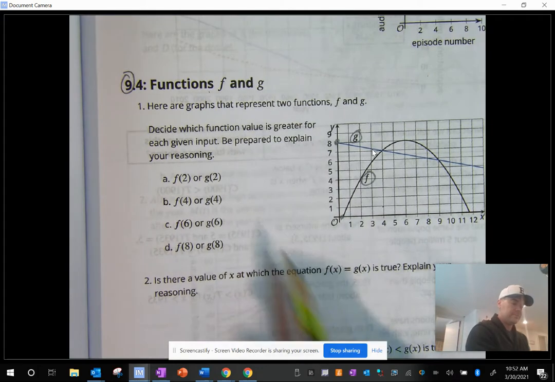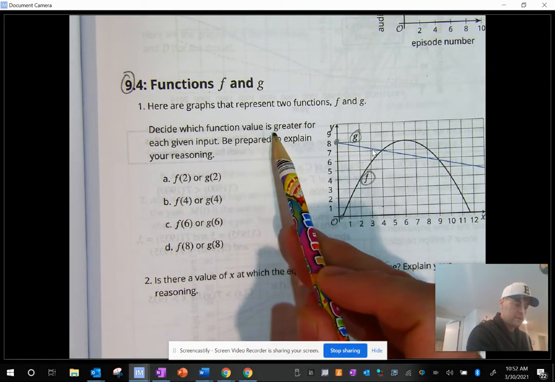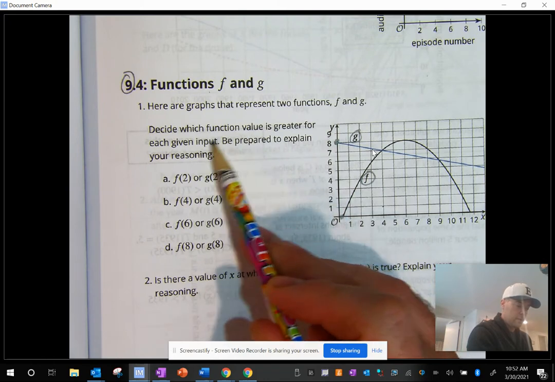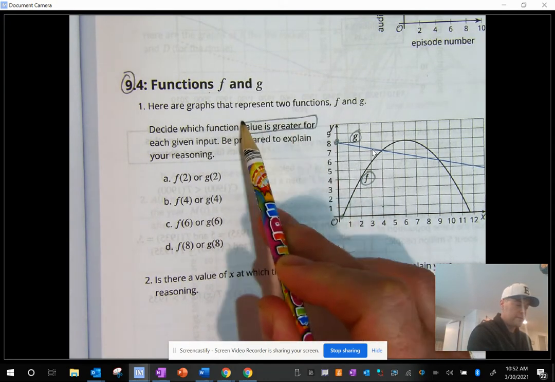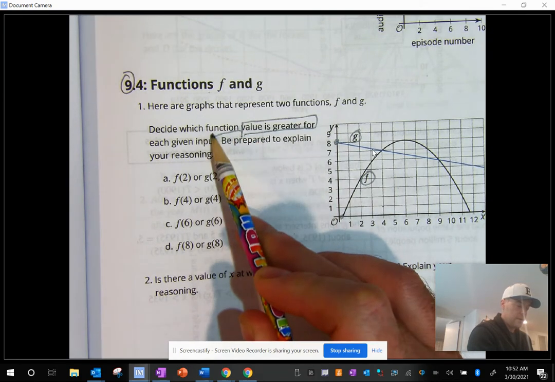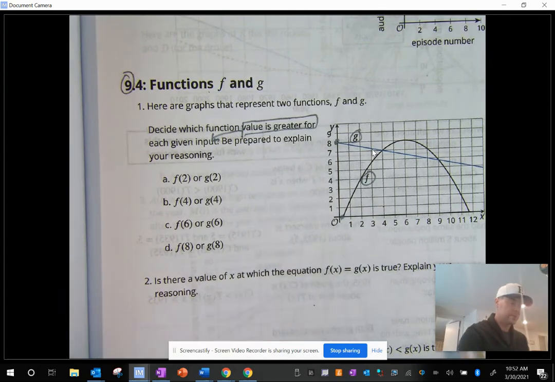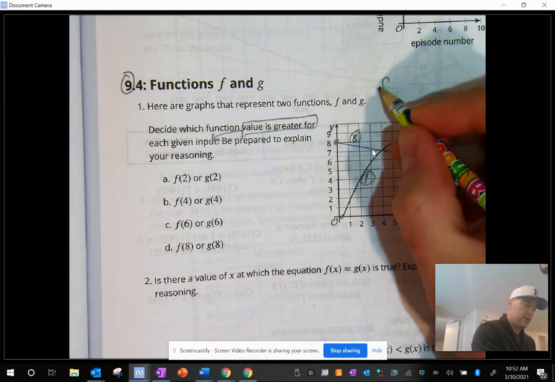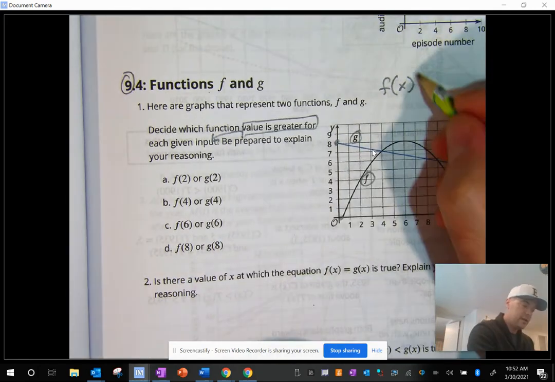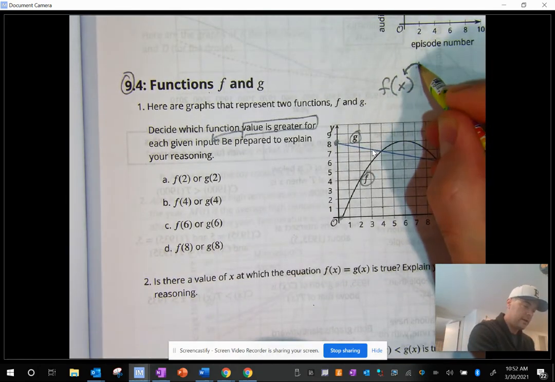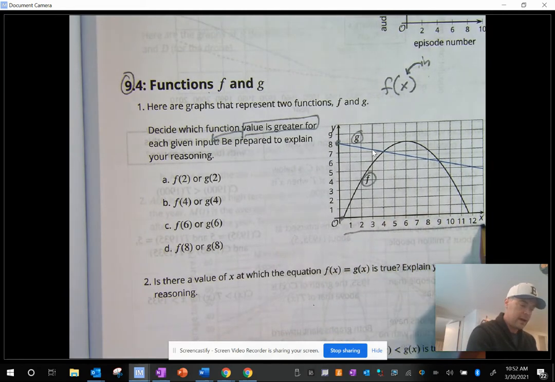Up here, we're going to talk about which function has a greater value for each of the given inputs. Now we've been talking about inputs and outputs a lot when we talk about function notation. Remember, when I'm talking about function notation, the input is this variable, and the input is almost always down here on this axis.